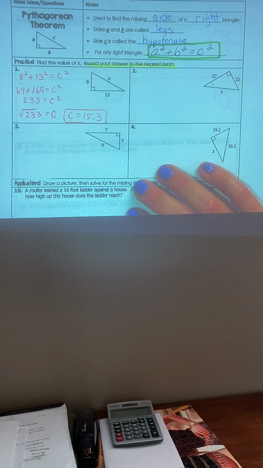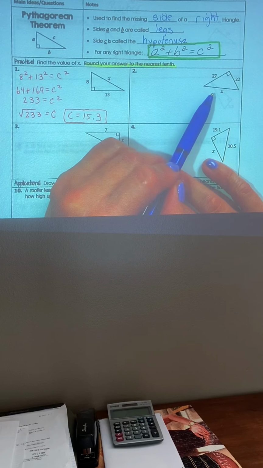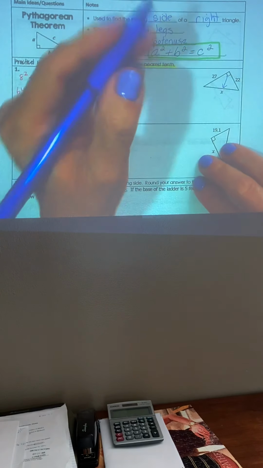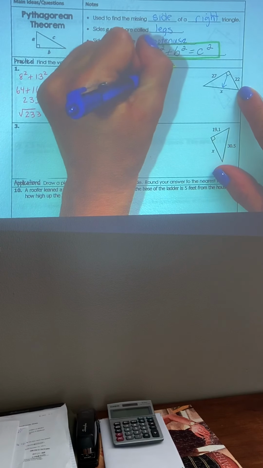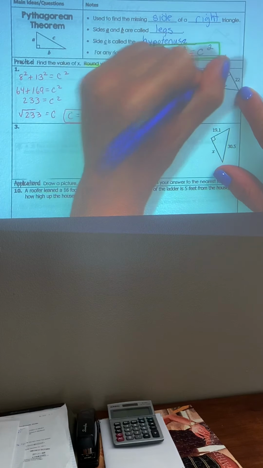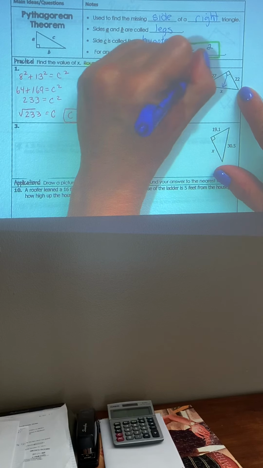Now here, if you notice, C is here. So we have a squared, which doesn't really matter. A is 22, so 22 squared is 484. 27 squared is 729, and we don't know c squared.